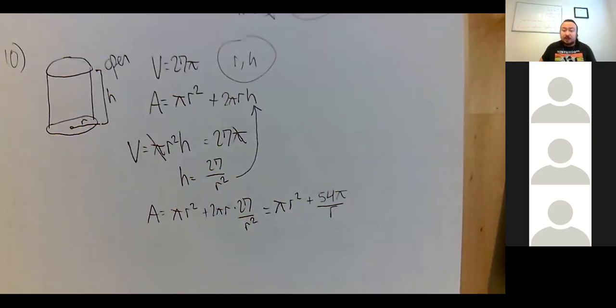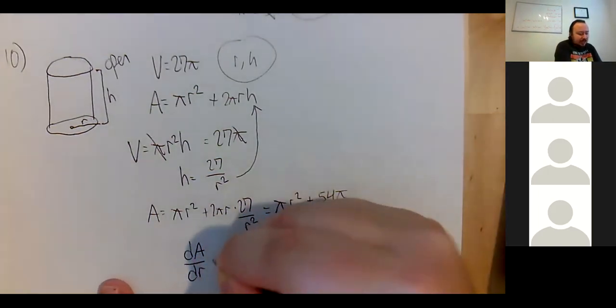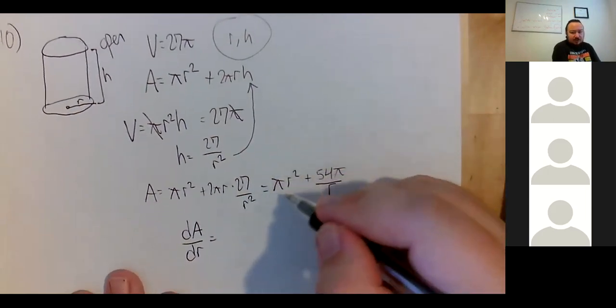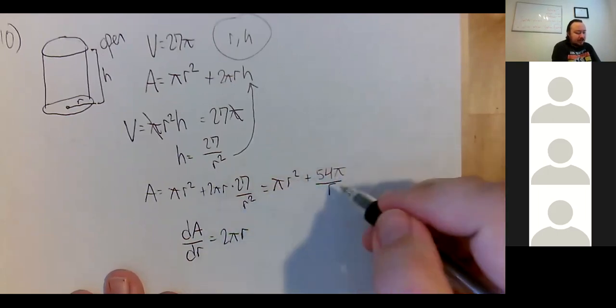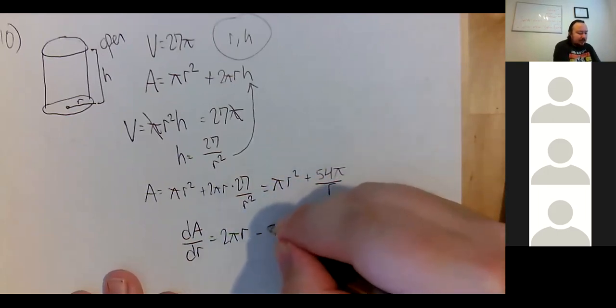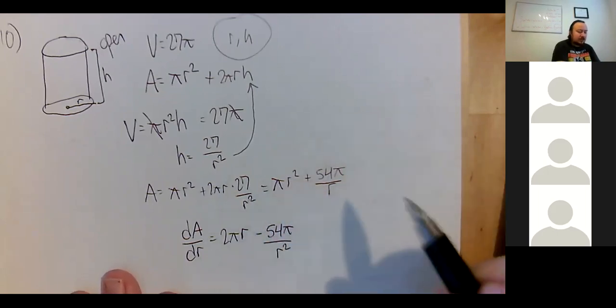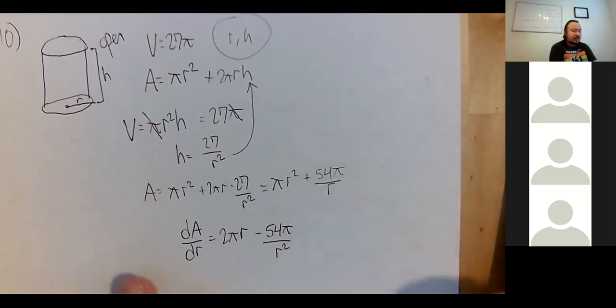So now we can go ahead and take the derivative of this and find our critical points. So dA/dr, let's see here. The derivative of this will be 2 pi r. The derivative of this will be negative 54 pi over r squared, because I did the power rule with r to the negative 1.